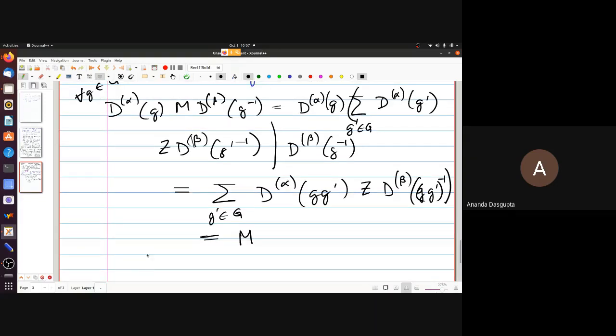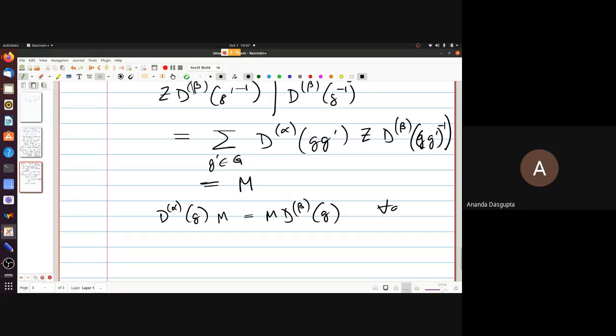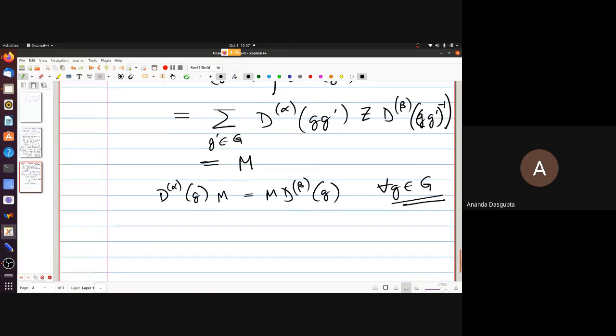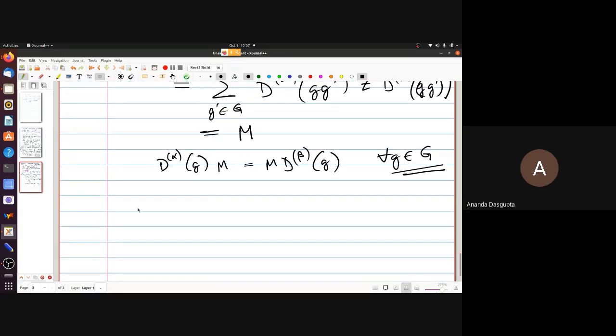It means that I have found a bunch of matrices M which actually commute, or actually not commute, but intertwine between all these matrices. So what do you know about M?